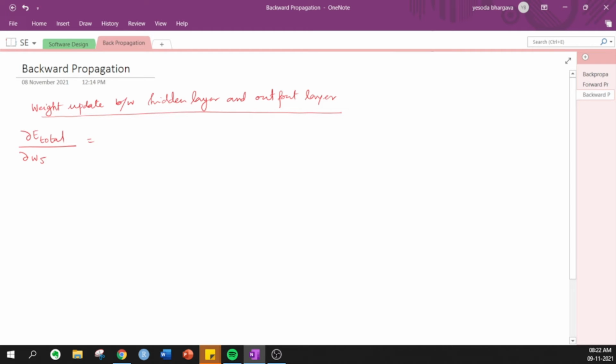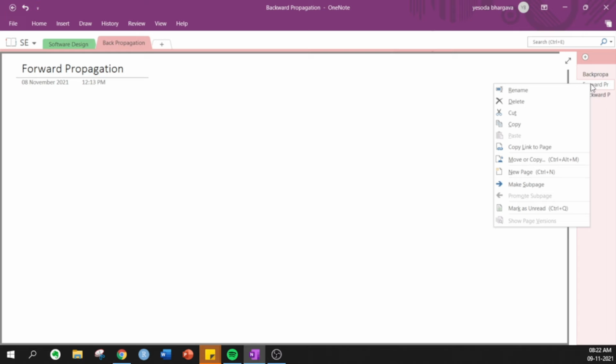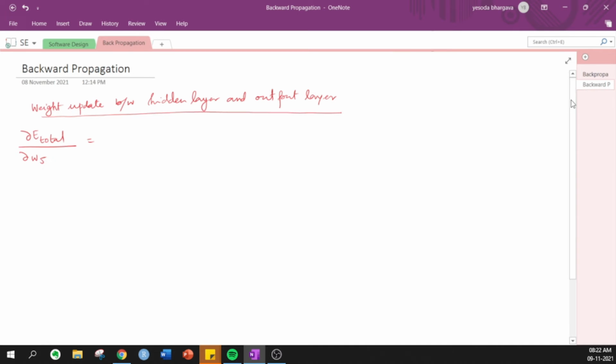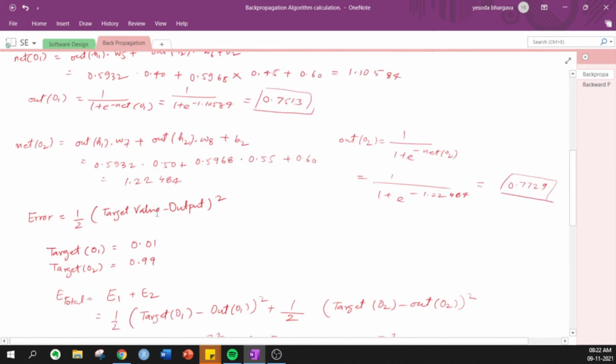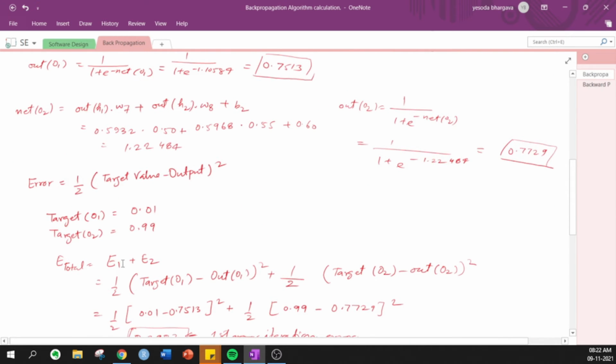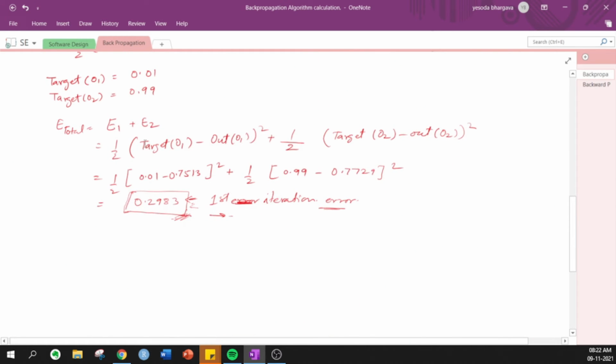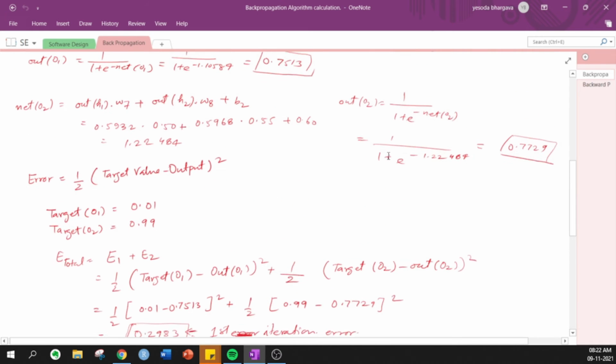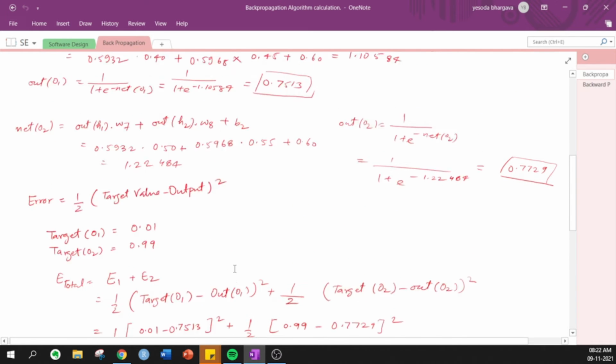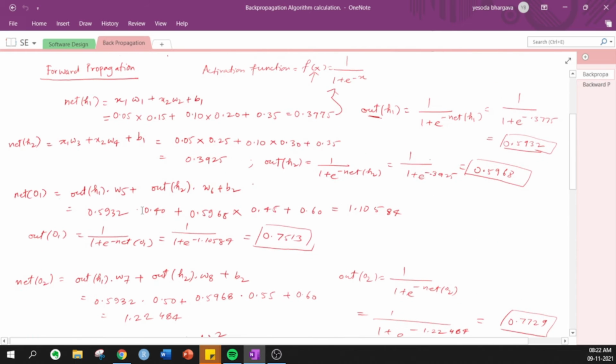If we notice, total error is not a function of W5 directly, but indirectly it is a function of W5, because output O1 depends on net output O1, and net output O1 depends on the output of H1 and W5.